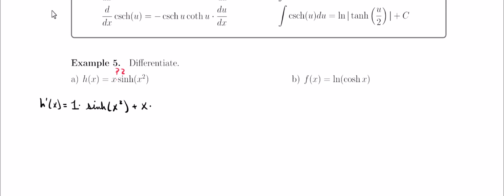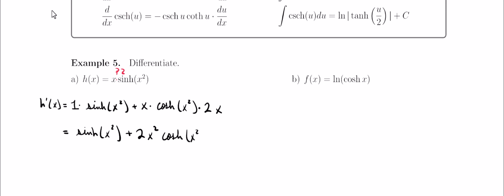So we're going to have here the derivative of sinh is the cosh of x squared times the derivative of the inside, which is 2x. Simplifying things further, we obtain the sinh of x squared plus 2x squared times the cosh of x squared. And there we go. We obtain our derivative function.